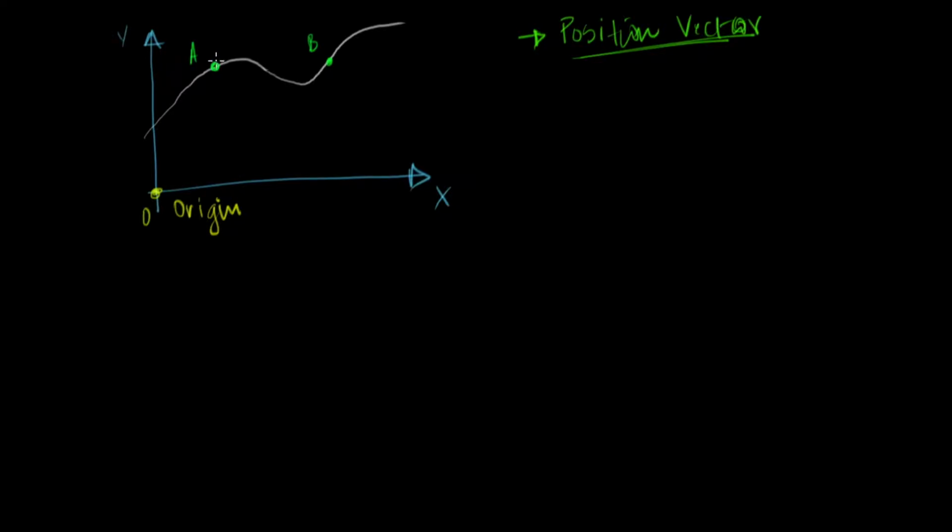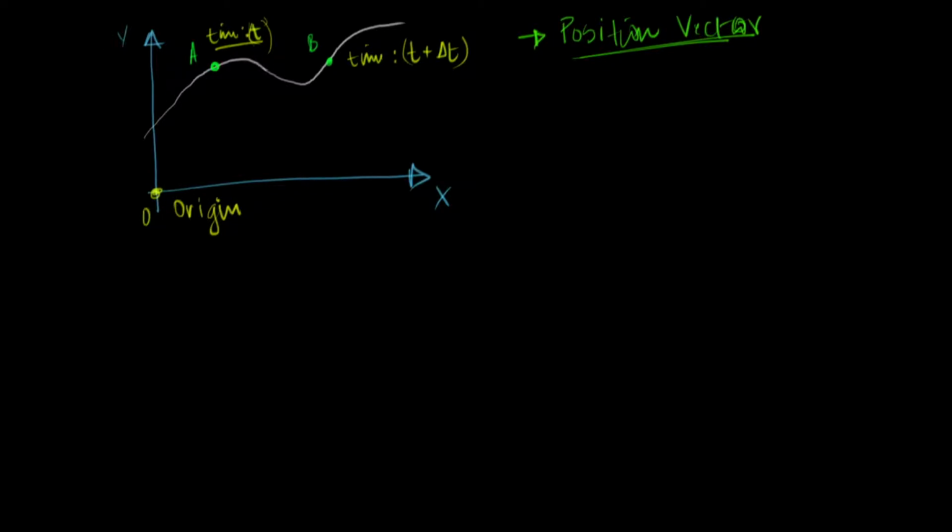Let's say that the body was at A at time t, and the body was at B at time t plus delta t. That means if we track the motion of the body, it took delta t amount of time to go from A to B via this trajectory. With that in mind, let us draw our vectors.